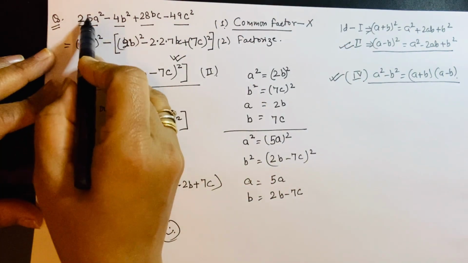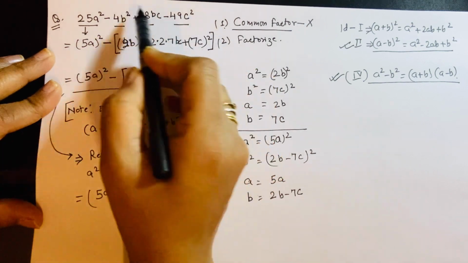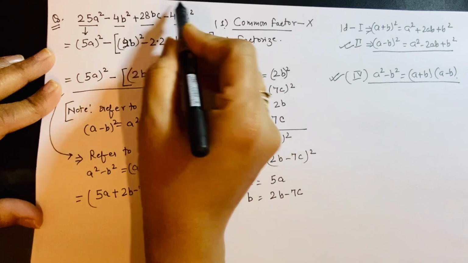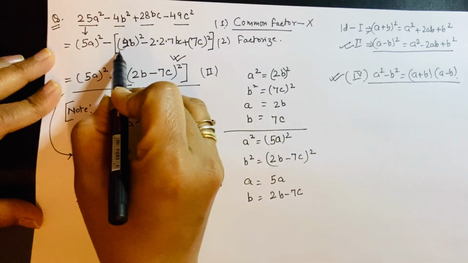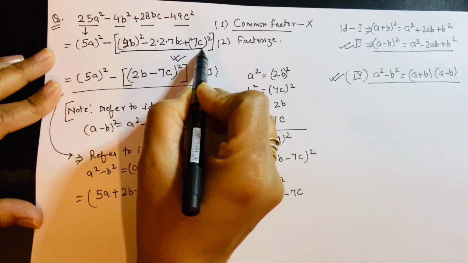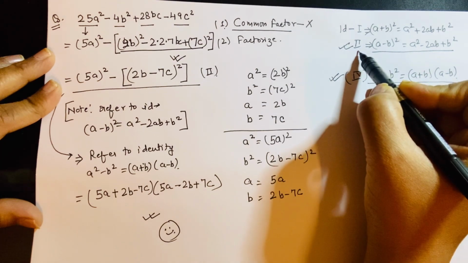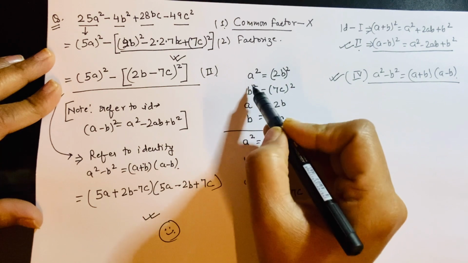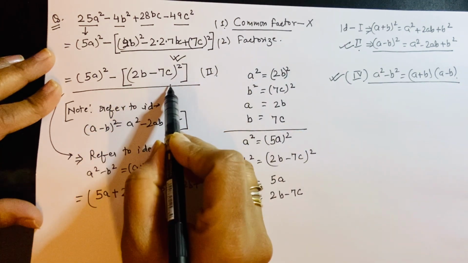So we have factorized 25, then 2, and then try to analyze which identity you will be able to use where. Here we found that this equation can be solved using identity number 2, where we took out a square, b square, a and b, and then solved it.